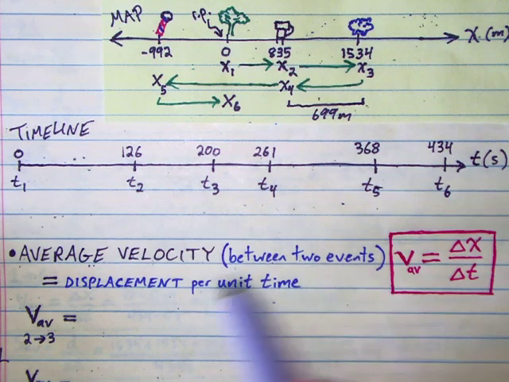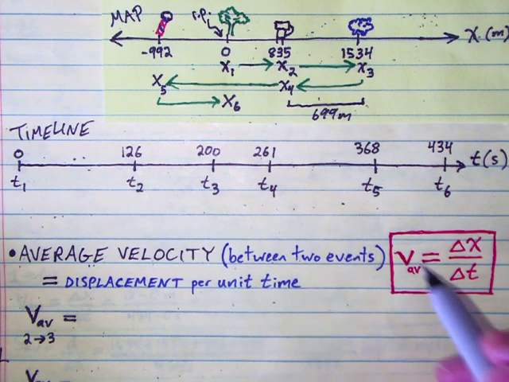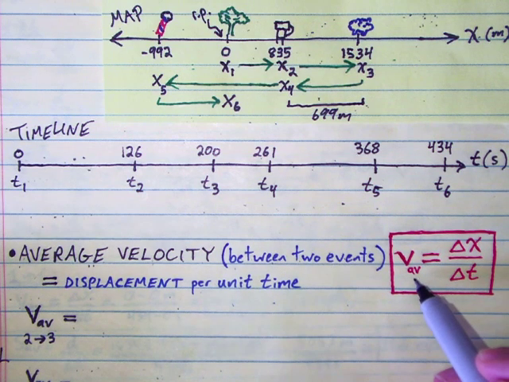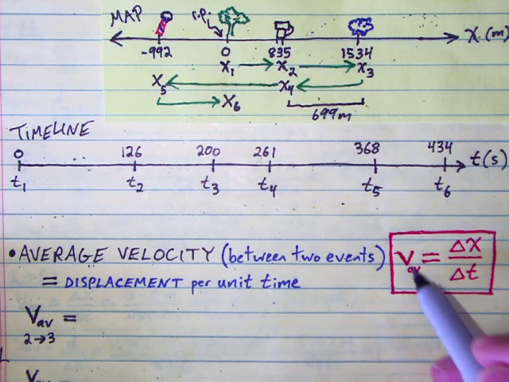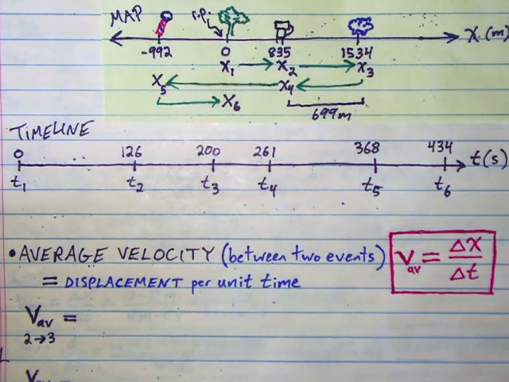We define the average velocity to be the displacement per unit time. We use lowercase v to represent velocity, little av to indicate average velocity. We'll have a different concept, instantaneous velocity, later, so av to indicate the average. And displacement is delta x, the change in position, divided by the change in clock time, our time interval, delta t. Let's calculate a few examples.